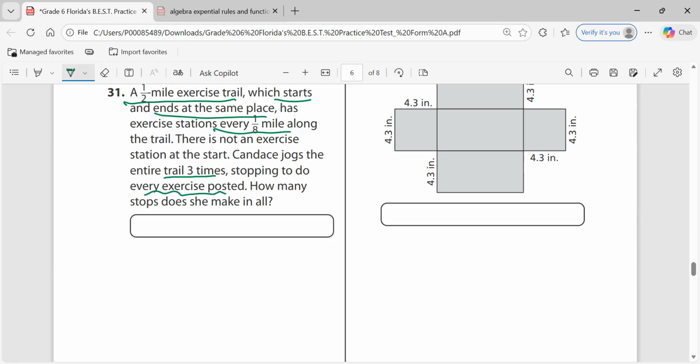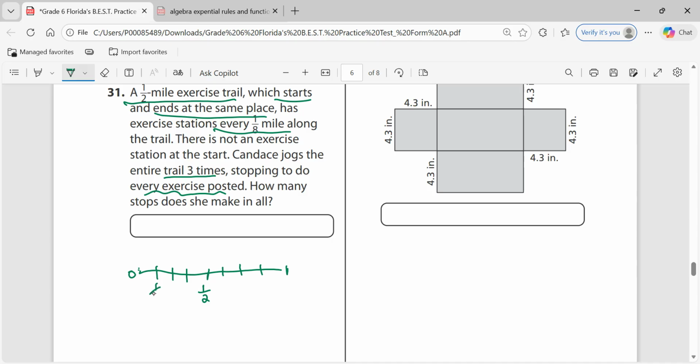All right, well, I would give myself a visual. I know that there is a trail, 1 mile, and it's half a mile long. Cool beans. I know there is a stop every 1/8 mile. So maybe I could put this into eighths. I would make 1, 2, 3, 4, 5, 6, 7, 8.